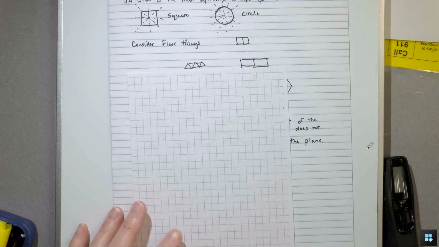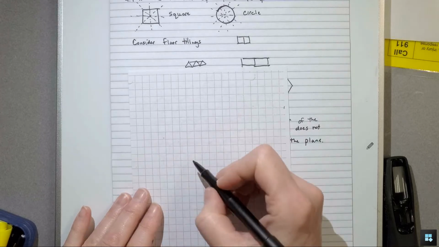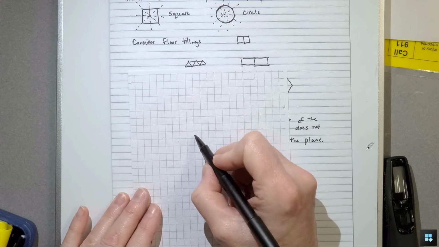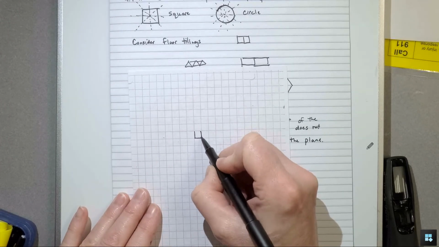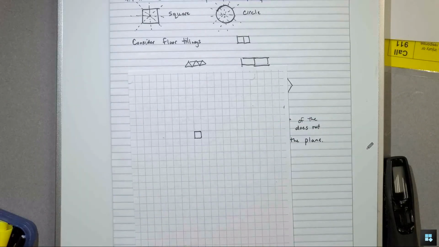tiles that you have. Okay, so for example, here I could see that I have a square that's being repeated, but I could also make a larger square.